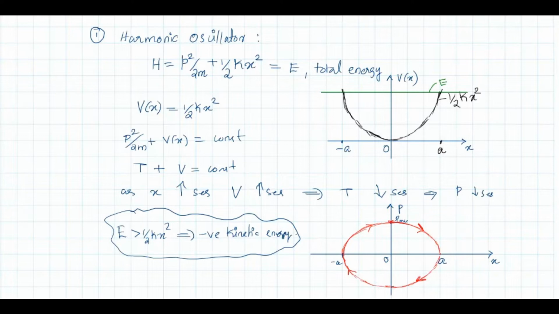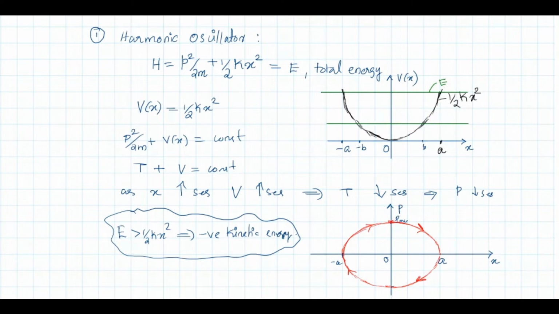Now, if I take the energy value something like this, if this is the energy value, then the maximum value is minus b and plus b. The maximum possible value for x is plus b and minus b, because beyond that point potential energy is greater than total energy.